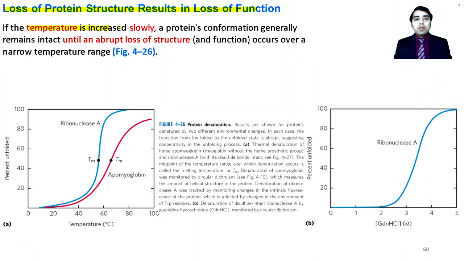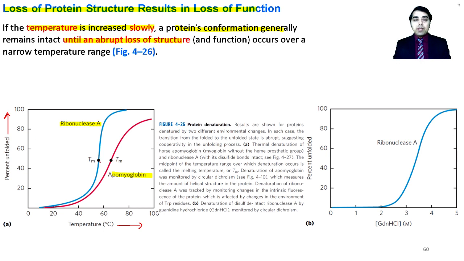If the temperature of a protein is increased slowly, it maintains its conformation until an abrupt loss of structure is achieved. We take the example of two proteins, ribonuclease A and apomyoglobin. The x-axis shows the increase of the temperature and the y-axis shows the percent of folded protein.